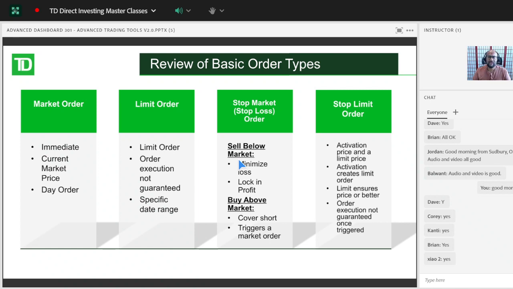Let's say that price you've determined is $9. You're willing to take a $1 loss based on what you bought it at. Ordinarily you can't place a sell limit order or a sell market order, because if you place a sell market order at this moment, it's going to sell at the current market price, which is the $12. So how do you place an order below the market price?